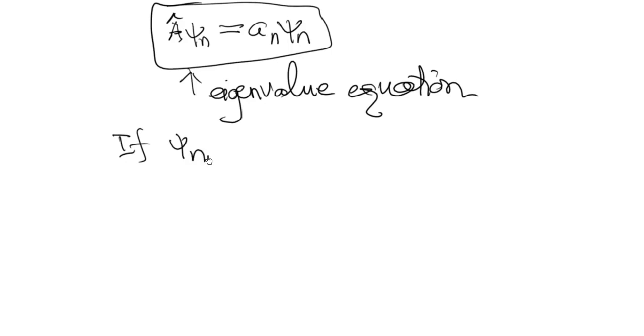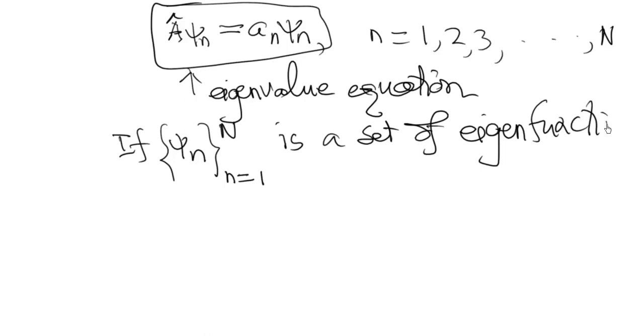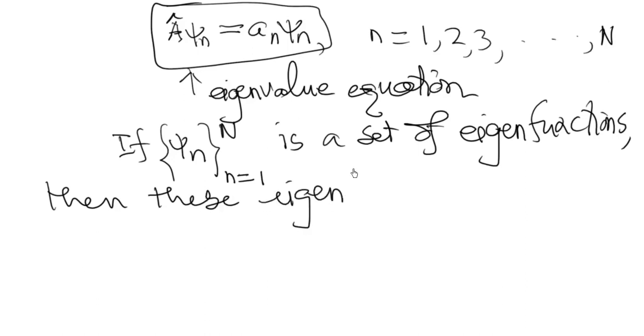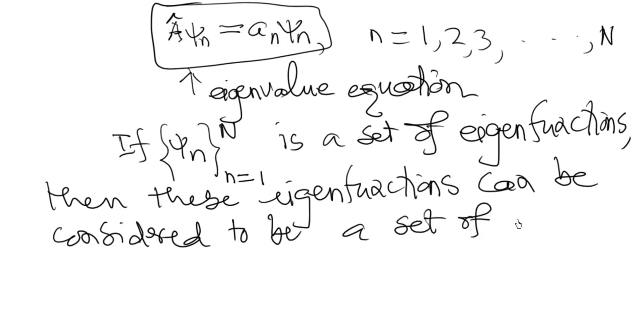If psi n, where say n equals 1, 2, 3 up to capital N, where capital N may go to infinity, is a set of eigenfunctions, then these eigenfunctions can be considered to be a set of basis functions of a Hilbert space.